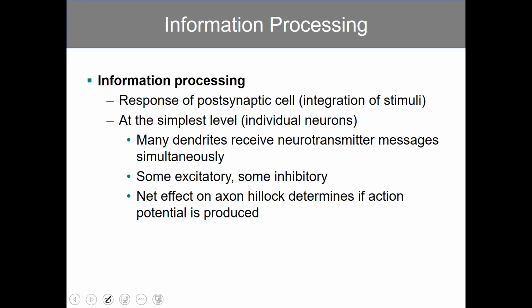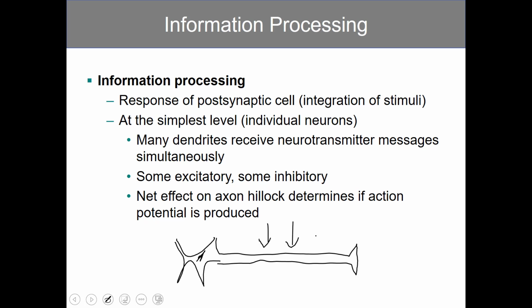All right, information processing. We've started this module talking about the resting membrane potential and a graded membrane potential, and we know that those are found within the cell body. The action potential is propagated down the length of the axon, and synaptic activity occurs at the synapse.